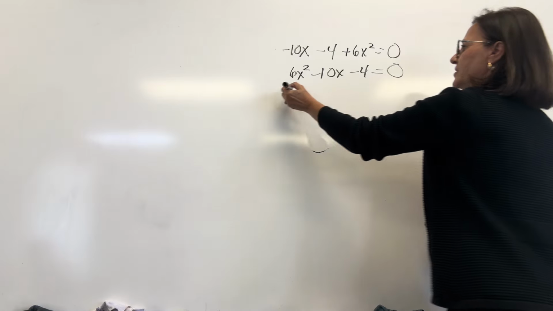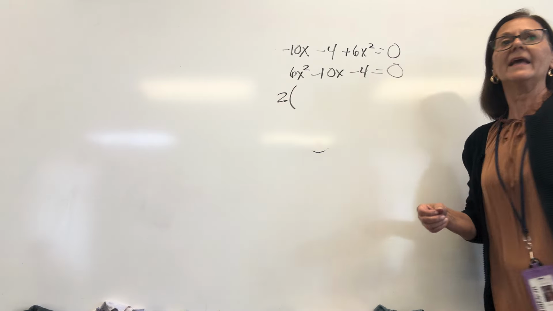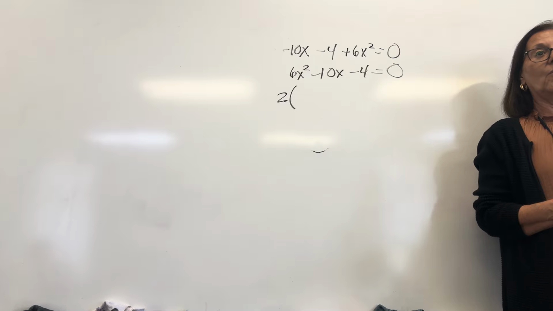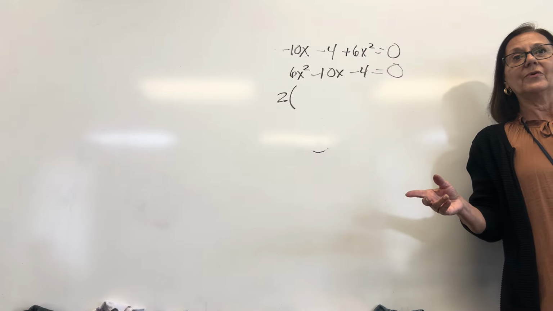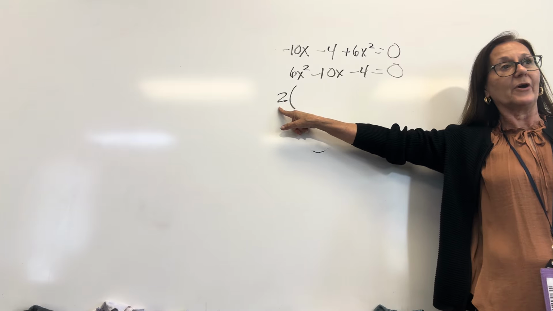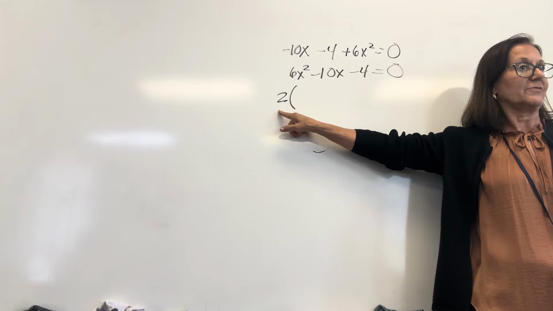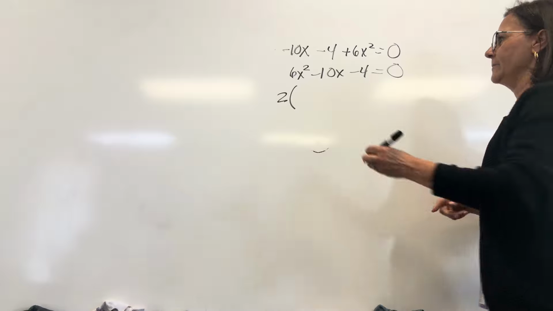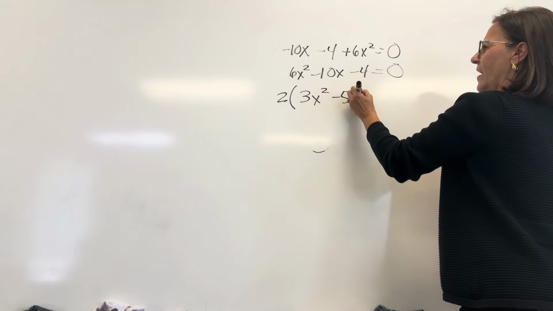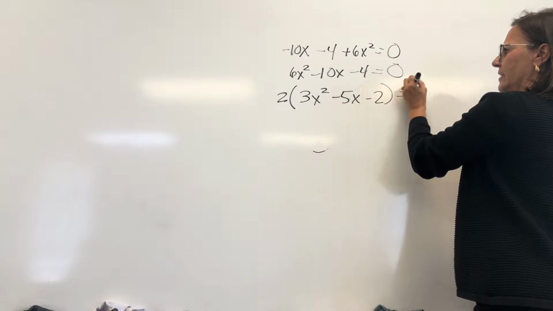I can factor out a 2. But how many answers am I going to have? 2. Why am I only going to have 2? Because it's only squared. When I factor out a number, I'm not going to have an answer for this one, right? So there's no x. So then what do we end up with? 3x squared minus 5x minus 2 equals 0.